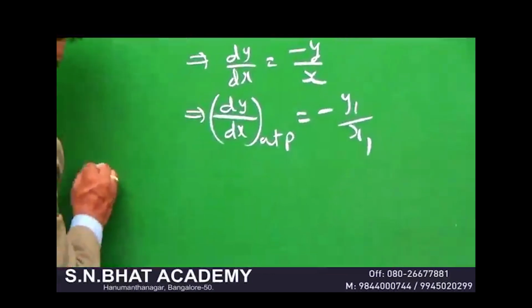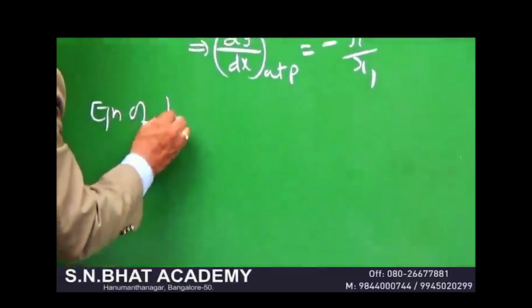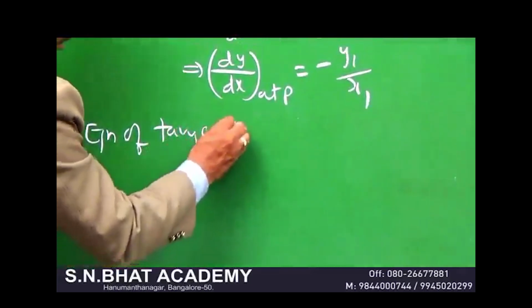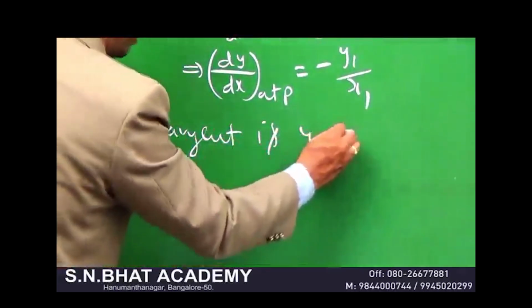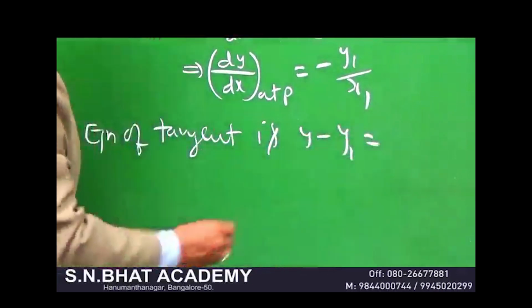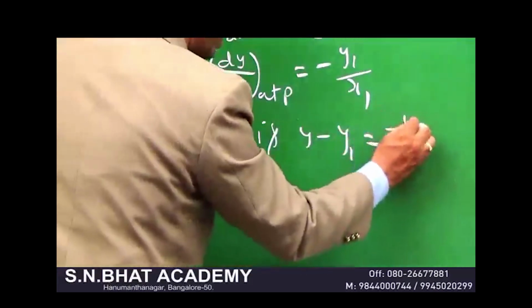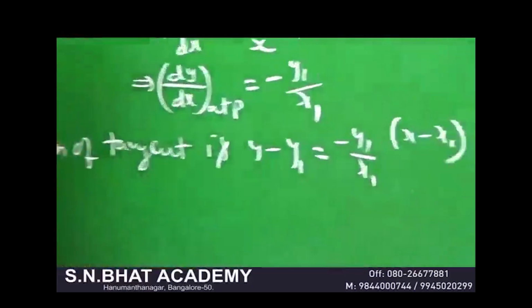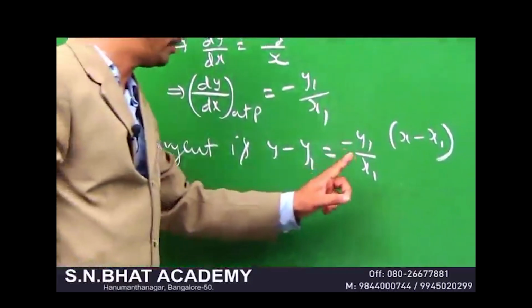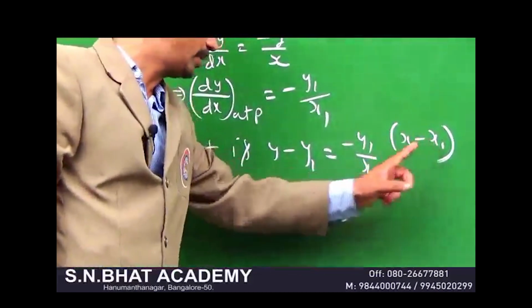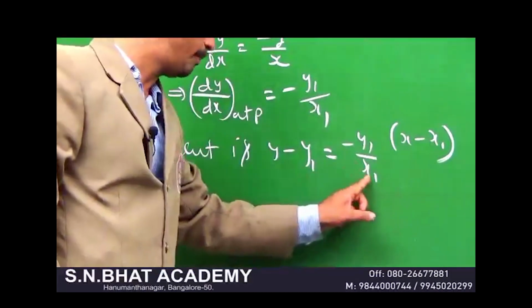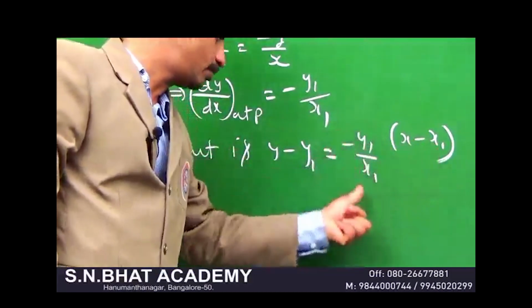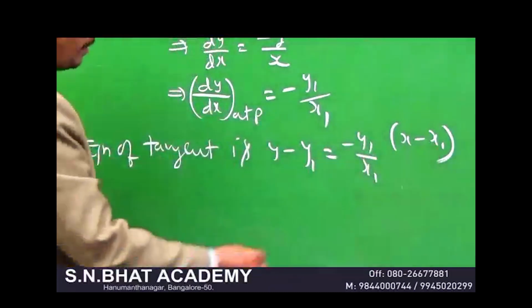Now the equation of the tangent is y minus y1 is equal to the slope into x minus x1. The slope is minus y1 by x1. Now cross multiply.